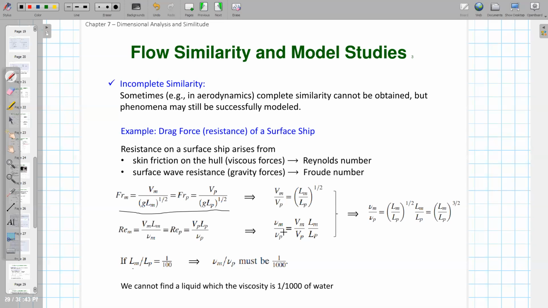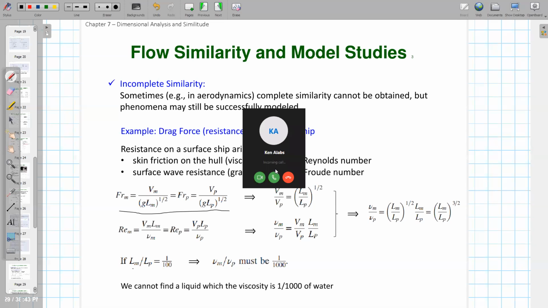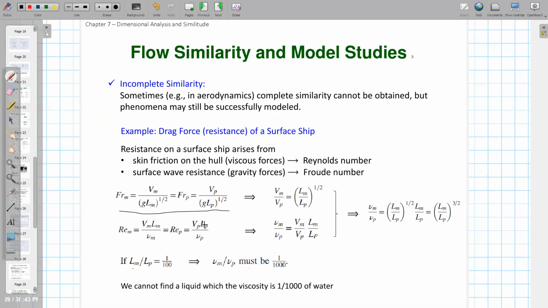And again, you will see that the velocity is already determined from the Froude number. So to achieve this, the viscosity of the model case over the viscosity of the prototype case should have this correlation.